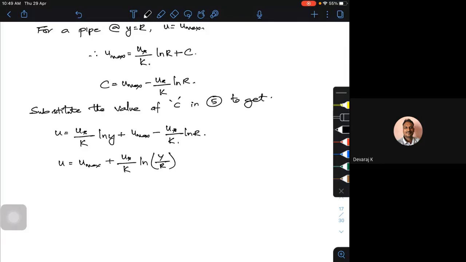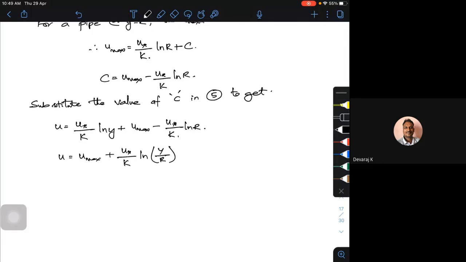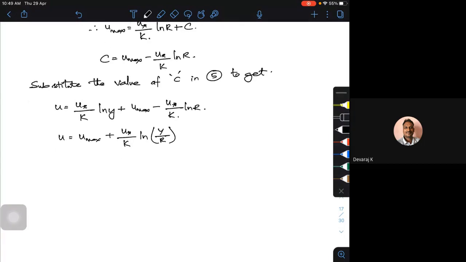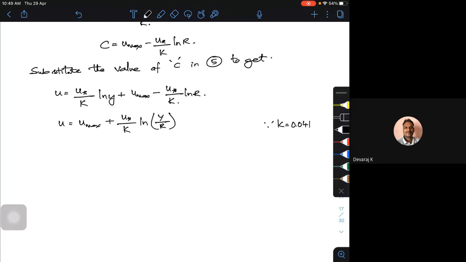This is based on the natural log. Now what is the value of k? We know that k is the Karman constant, which is 0.041. So 1 upon 0.041 becomes around 2.5. Therefore, u is equal to u max plus 2.5 times u star into ln of y by r.